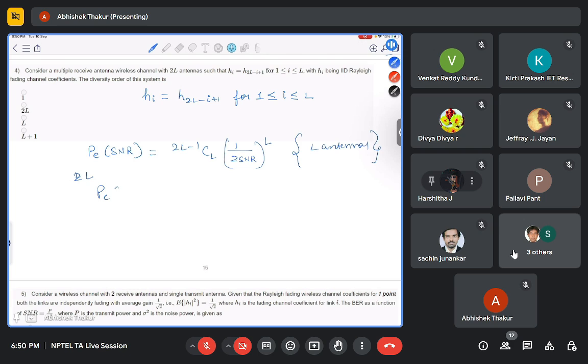So probability of SNR in this question will be 2 into 12, that is equal to 4L minus 1 C2L.